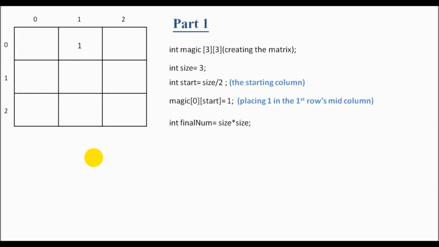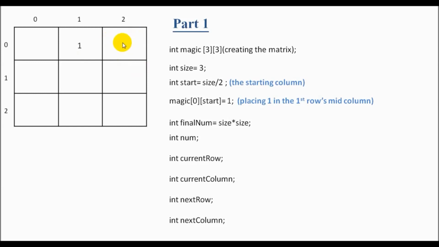To develop the code further, we're going to need some more variables. So the first variable here is integer num. The num variable will indicate the current number that we are going to place in the square, and our current row variable is indicating the current row number we are working on, and our current column variable is indicating the current column number we are going to work on.